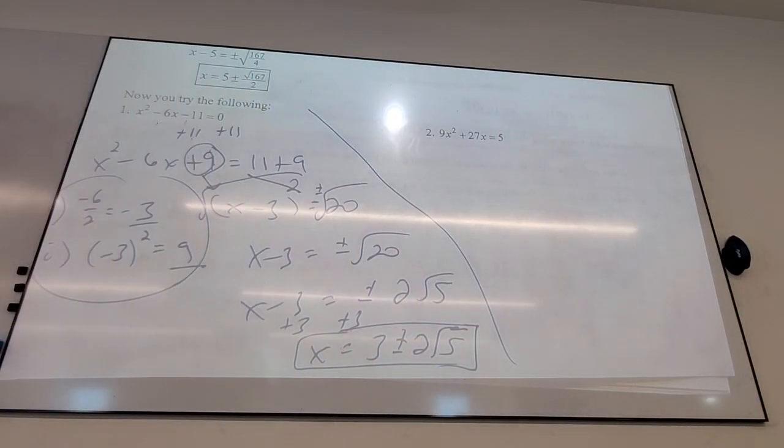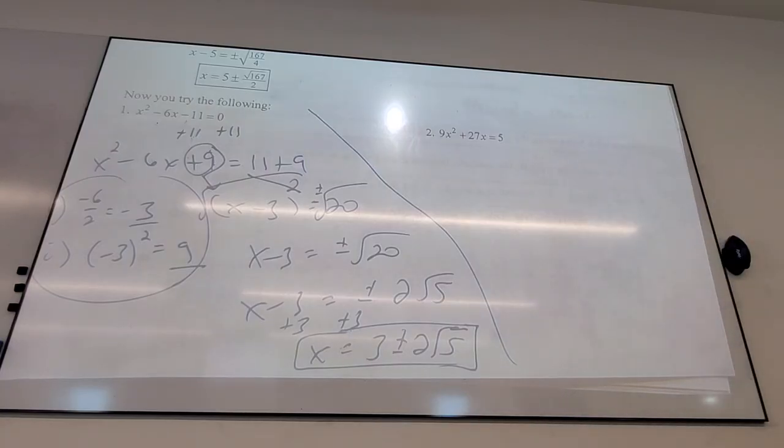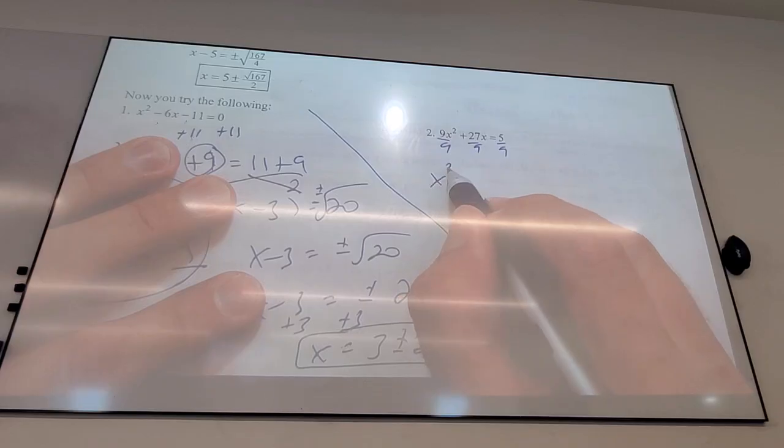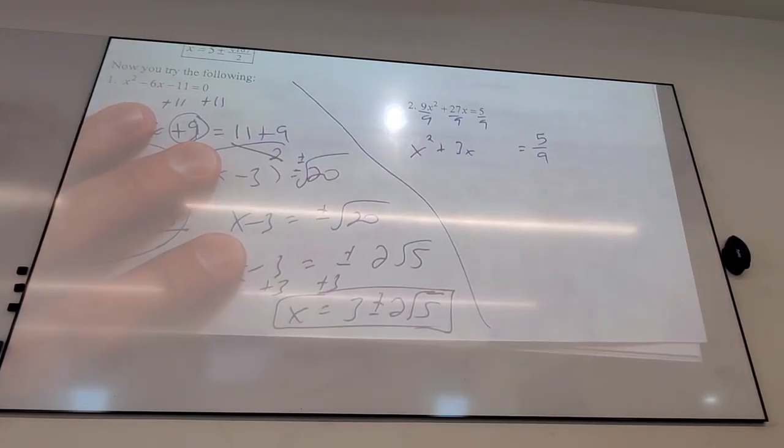Yes. So completing the square is hardwired for the first number to be a 1. If the first number is not a 1, you have to divide by it. So if you divide by 9, and we leave a little space for ourselves, what happens? You just get that, right?